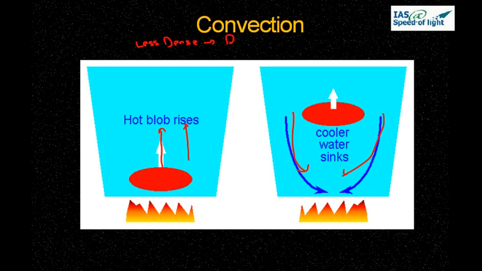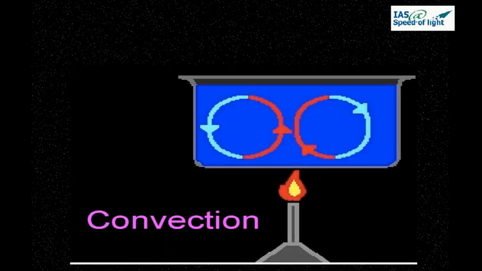So less dense rises, more dense sinks. Here we can see a flame which is on the water utensil. Water is getting heated, and once it is heated, it becomes less dense, so it will rise.